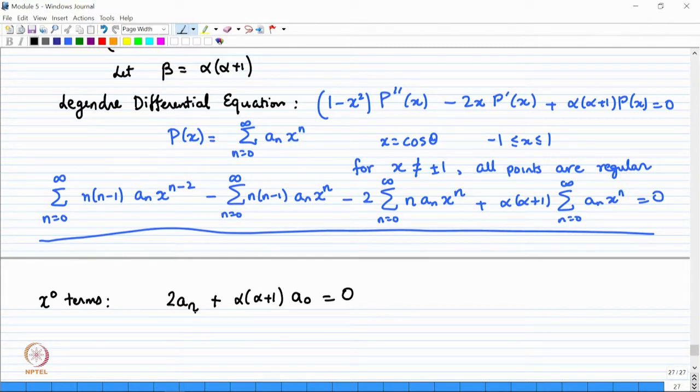Oh, I should say n equal to 2, so there should be 2 a_2. So this is what the term looks like, and what you get is that a_2 is equal to minus alpha times alpha plus 1 by 2 a_0.